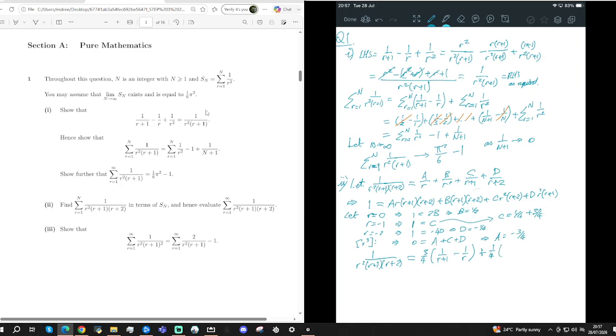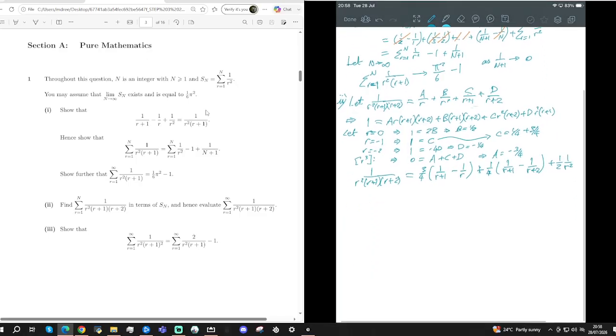Now, which ones are positive? It'll be the c things that's positive again, r plus 1, minus the d, r plus 2. That's covered all the a, b, c, and d, plus half 1 over r squared. Okay, nice.